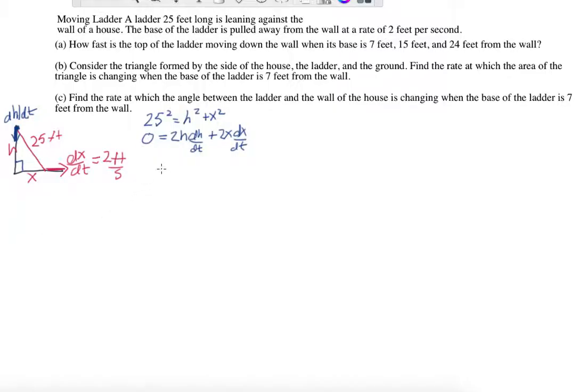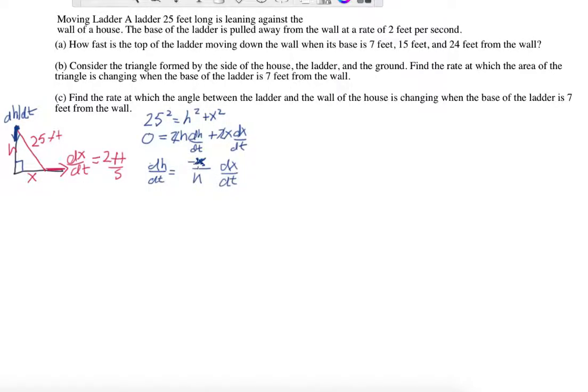And so all we're going to do here is solve for dh dt. That's what we're looking for. So we're going to have dh dt, and that's going to equal, our 2's cancel, and so we'll have negative x over h, that's an x, dx dt.